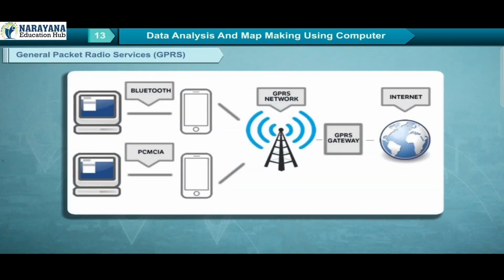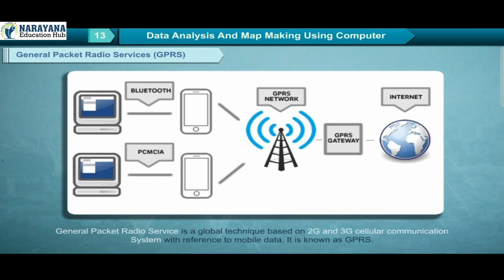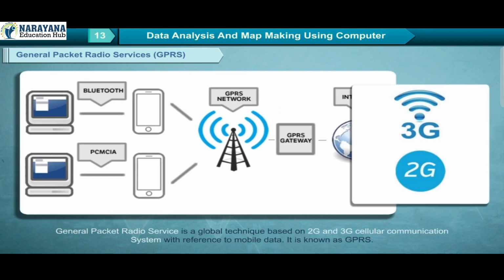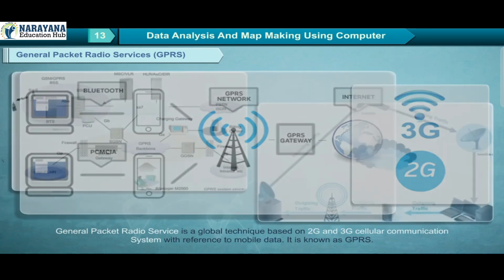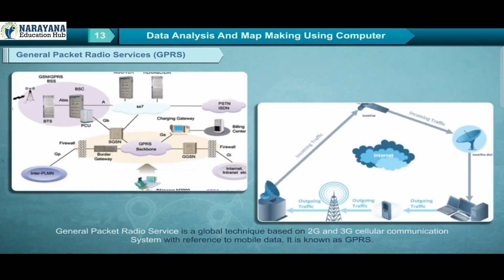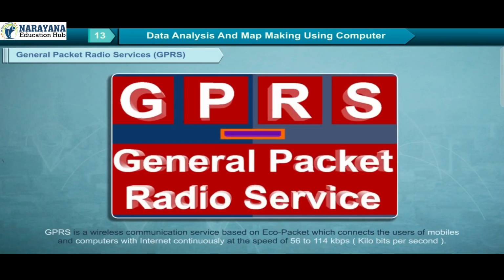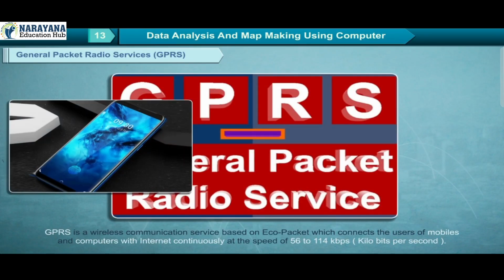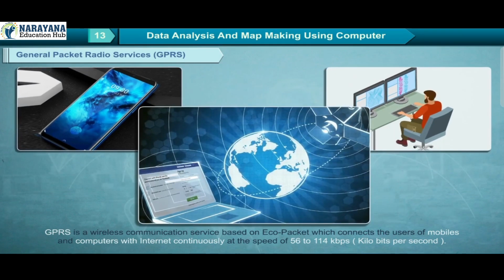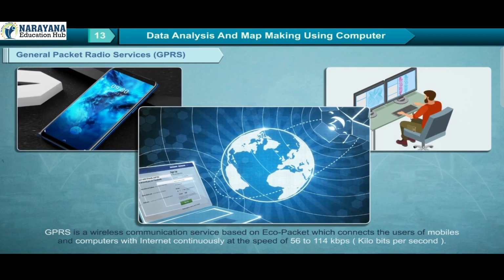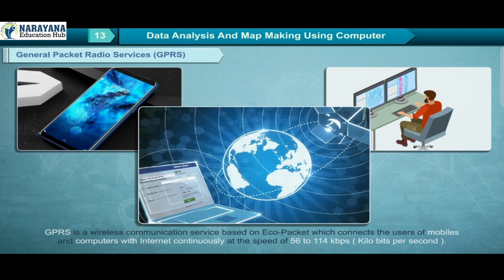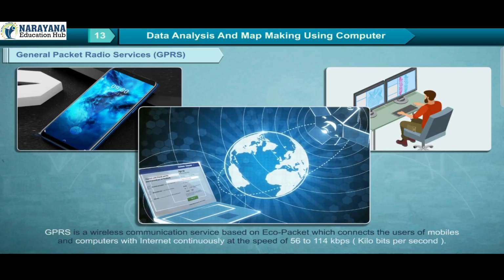General Packet Radio Services, that is GPRS. General Packet Radio Service is a global technique based on 2G and 3G cellular communication system with reference to mobile data. It is known as GPRS. GPRS is a wireless communication service based on packets, which connects the users of mobiles and computers with internet continuously at the speed of 56 to 114 kbps, that is, kilobits per second.